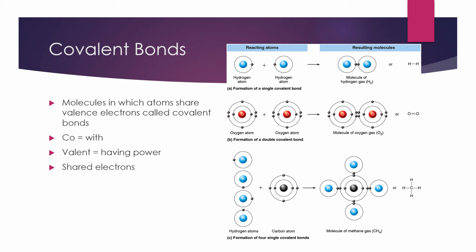Then just below that you see double covalent bonds. You see two pairs of oxygen electrons joining together, becoming a molecule of oxygen gas. And then below that we see the formation of 4 single covalent bonds. The 4 hydrogens are going to link with the 4 electrons on the carbon and become a molecule of methane gas.